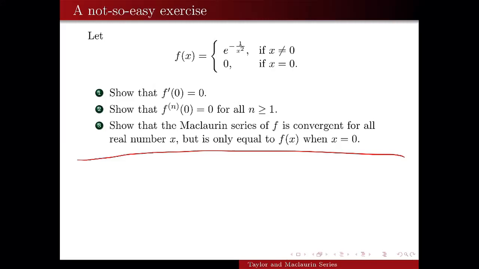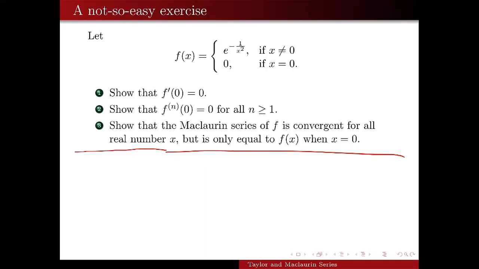Let's start with f prime at 0. Let's start with that one. So recall the definition of derivative. We'll use the limit of f of x plus delta x minus f of x over delta x as delta x goes to 0.